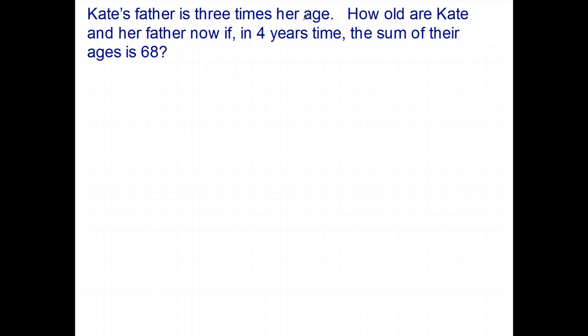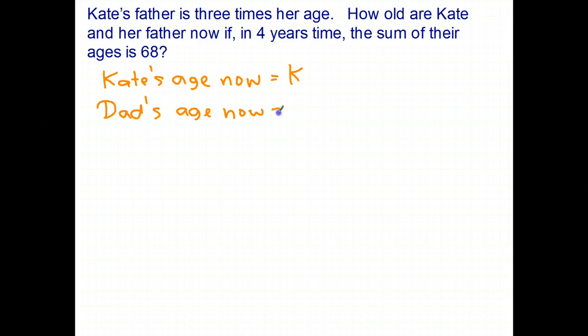So let's go ahead and say, out of these two, obviously her father is older, Kate is younger. So I'm going to let Kate's age equal K. So Kate's age now will be represented by the letter K. So her dad's age now will be not represented by K, but it's 3 times Kate's age.